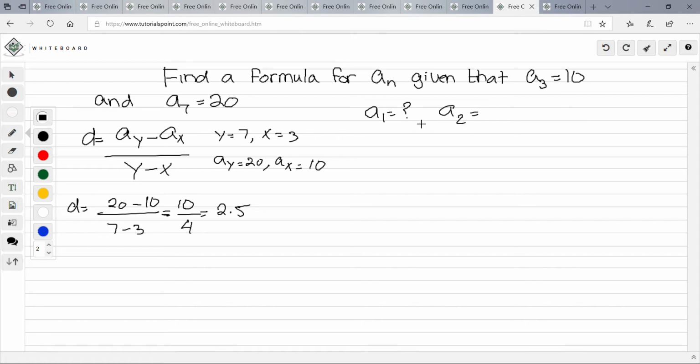So how do we do that? We're going to use the nth term formula of an arithmetic sequence, because arithmetic has a common difference.